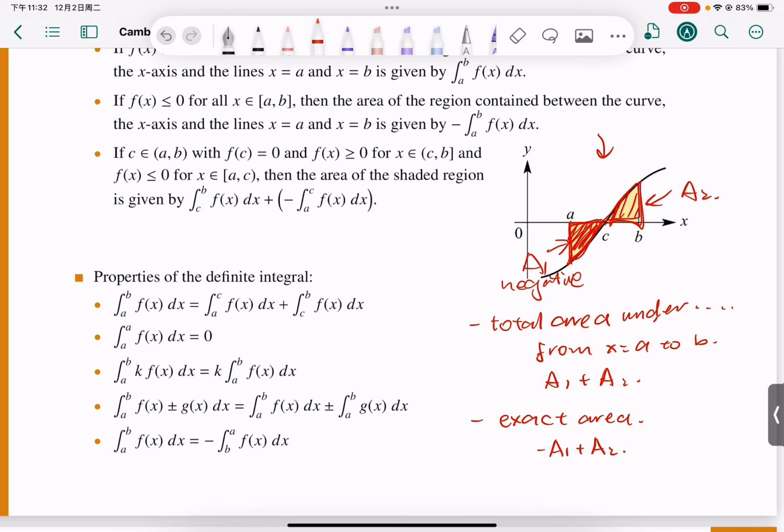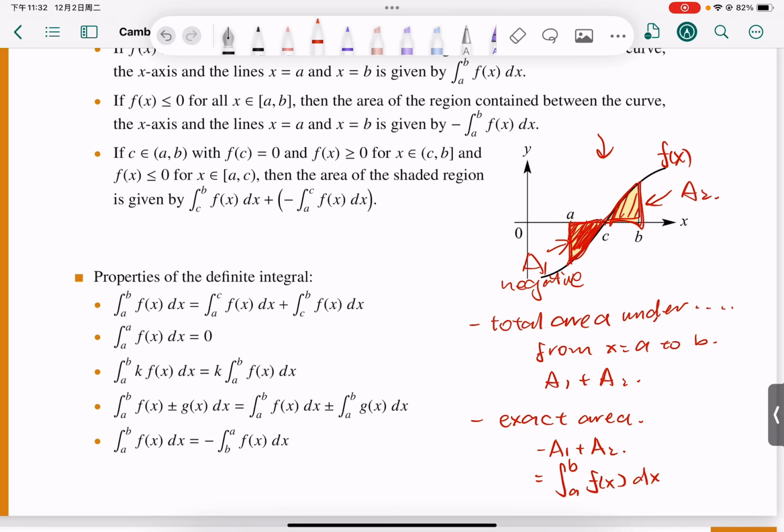A1 is under the curve, so it should be negative, because the definite integral tells us this area under the curve is negative. So the exact area should be A2 minus A1, and it equals the integral from a to b of, let's call this function f(x), dx.